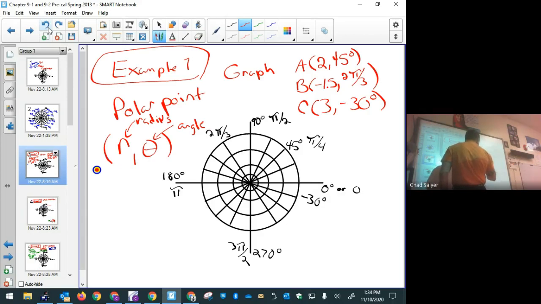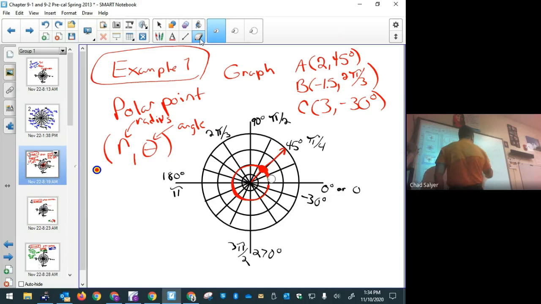Do you see how 45 degrees is this ray, 2 units is this circle, so they meet right here, meaning that's my point? Two units in the direction of 45. So that is point A.